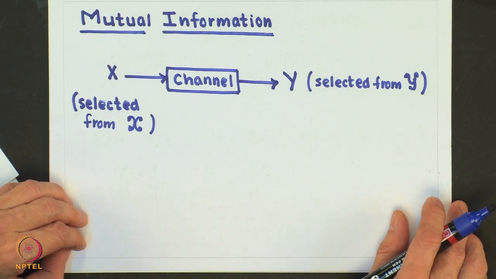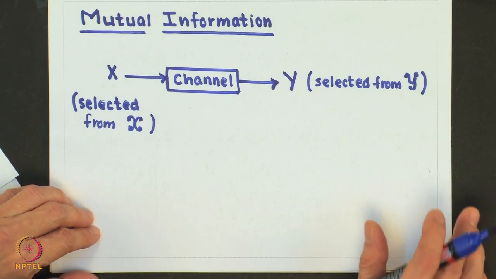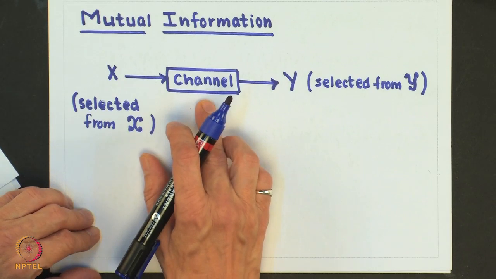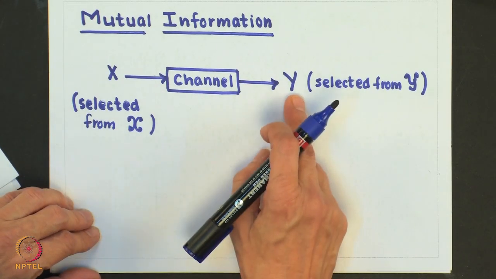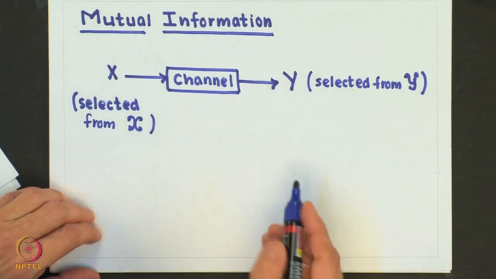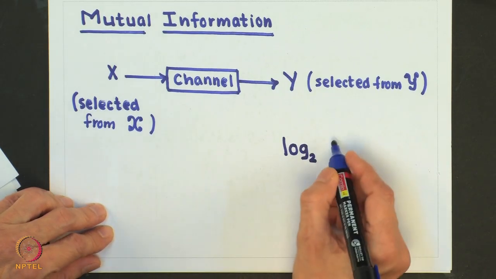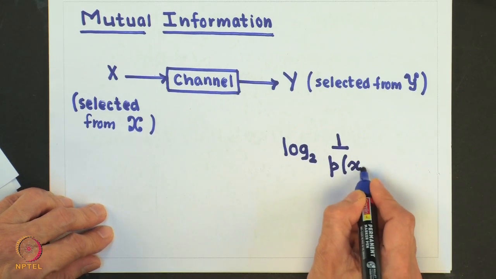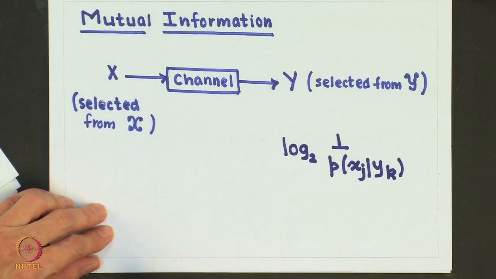Based on the reasoning for the definition of information measure, I could say that the uncertainty which I have about the input symbol, given that I have observed a particular output symbol, should be of the form log to the base 2 of 1 by the probability of xj given yk.